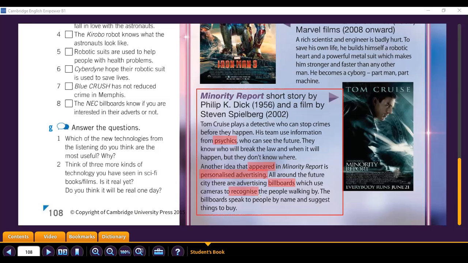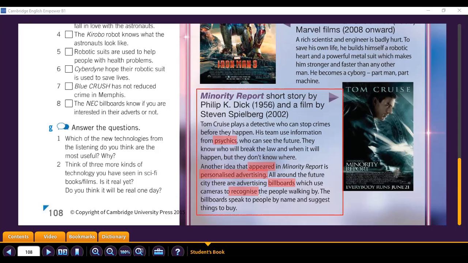Entonces, como ellos pueden predecir el futuro, Tom Cruise uses this information to know who is going to commit the crime. But the only thing is that he doesn't know where it's going to happen. So he will probably have to find out where it will be.